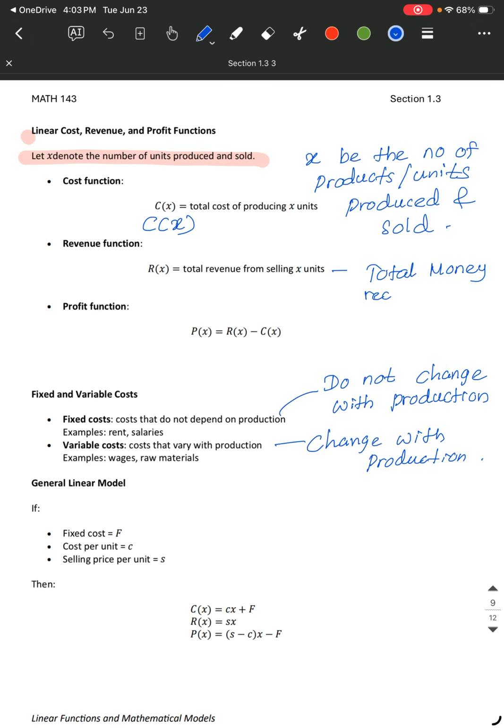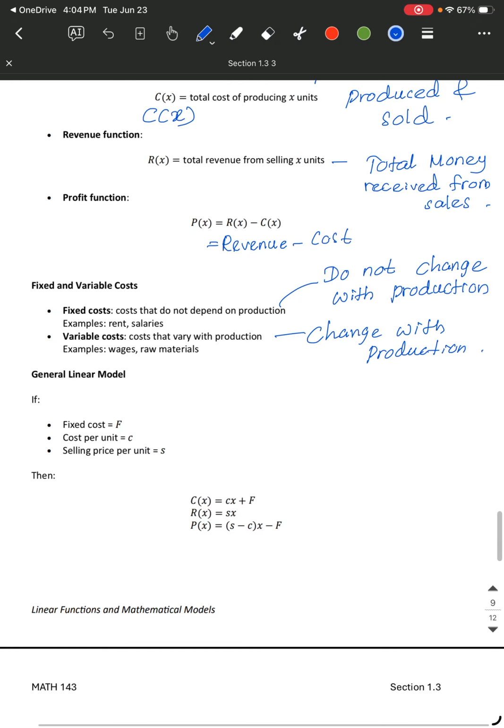And the profit function, we know that profit means the total revenue minus the total cost. So revenue minus cost.